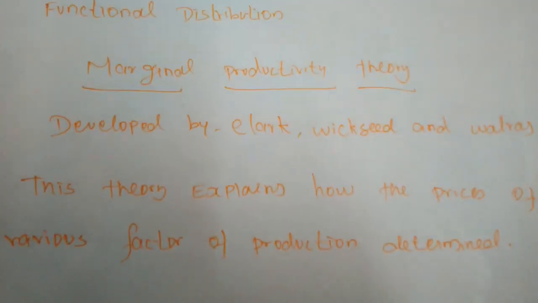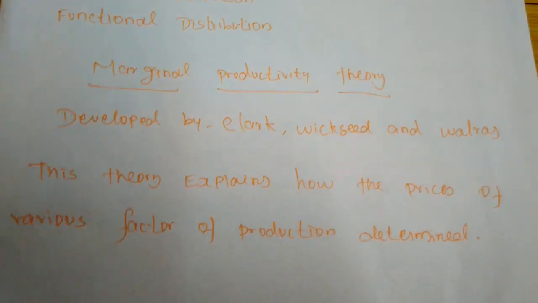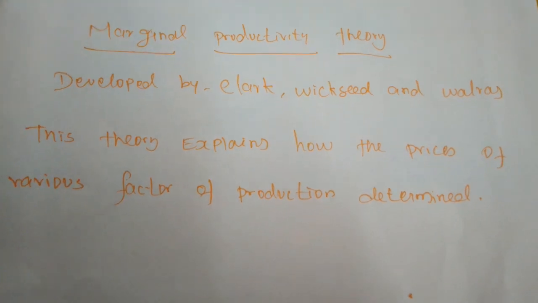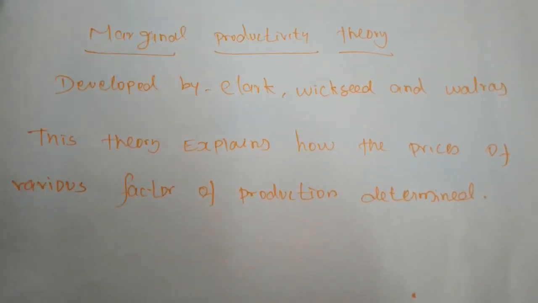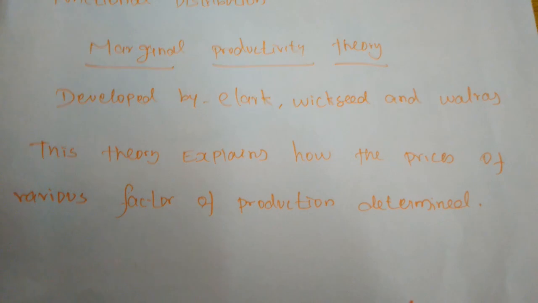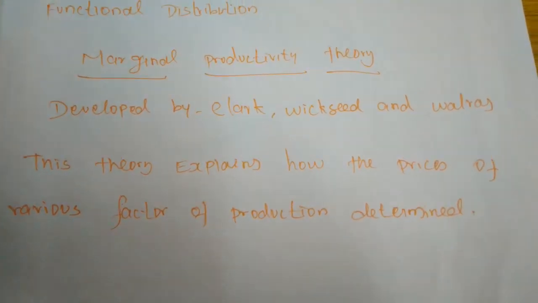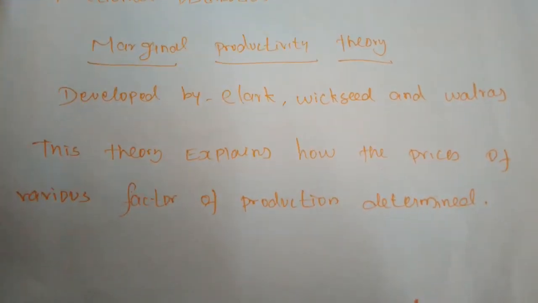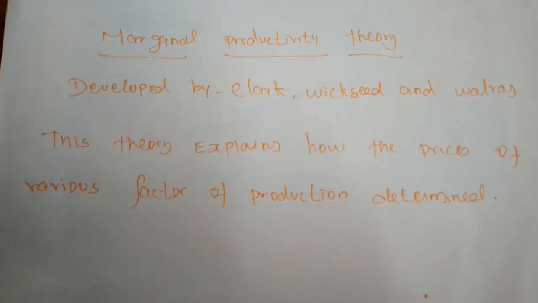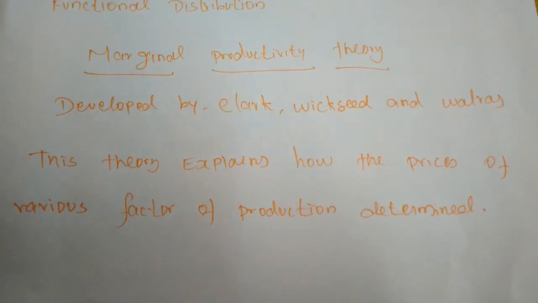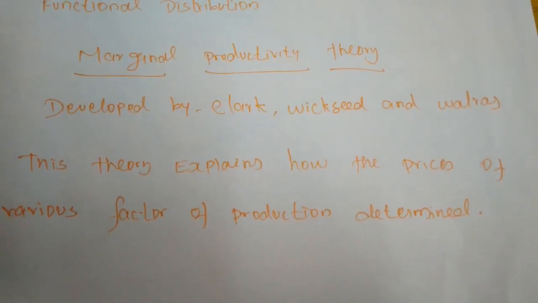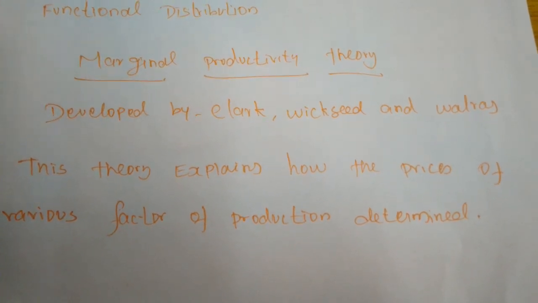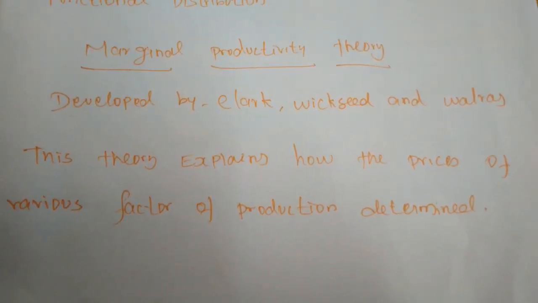And we have studied one theory, the marginal productivity theory, developed by Clark, Wicksteed, and Walters. This theory explains how the prices of the various factors of production are determined. It also explains that all the factors of production get their prices on the basis of their productivity.